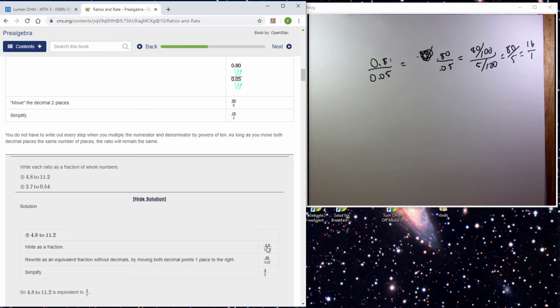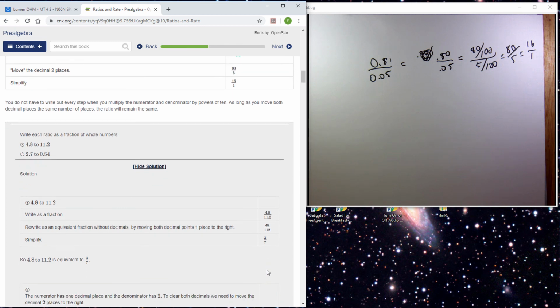So you can get rid of the decimals simply by multiplying by 10. That'll give me 48 over 112. Since they're both even numbers, it simplifies to 3/7.